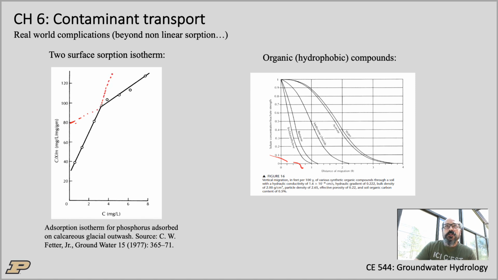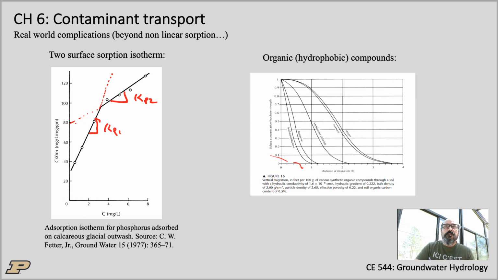Let's call the first one KP1 and the second one KP2. Instead of being due to nonlinear sorption onto one compound or one mineral in the soil, we can have two different surfaces having two different behaviors, two different linear sorption isotherms. Each mineral surface is different and expresses different trends.